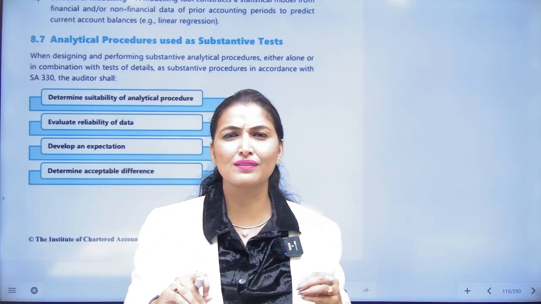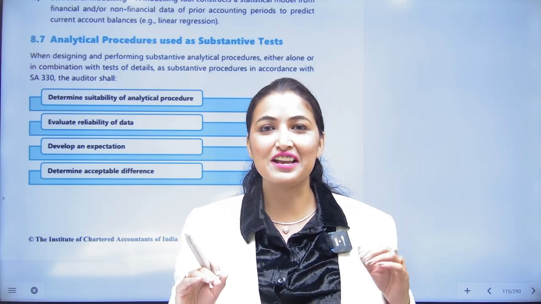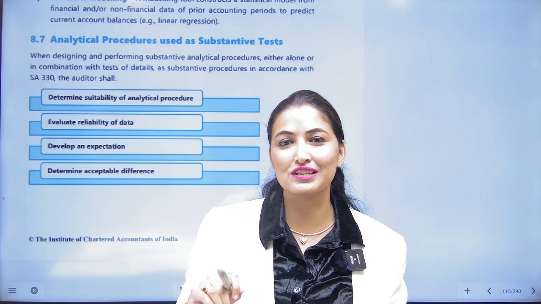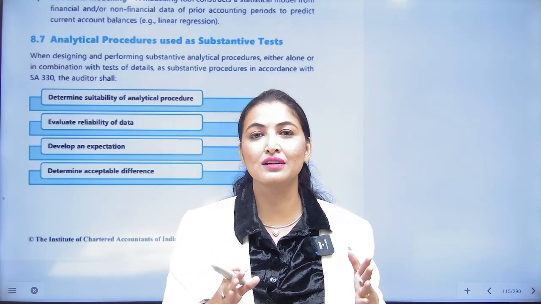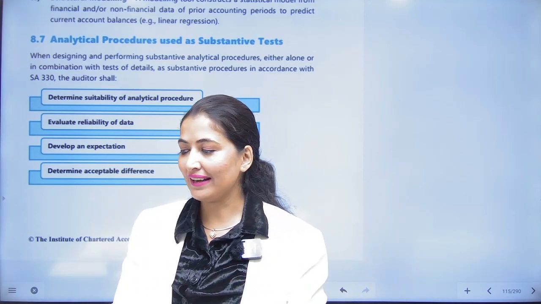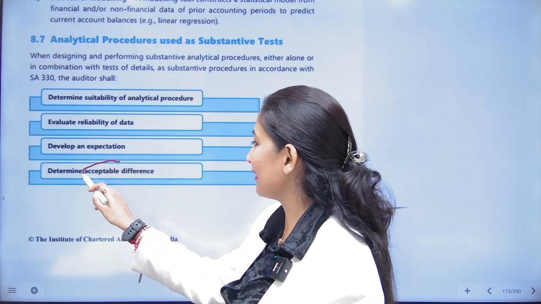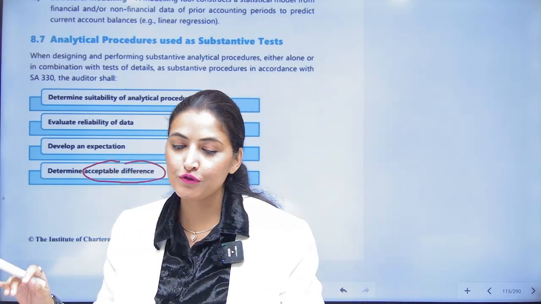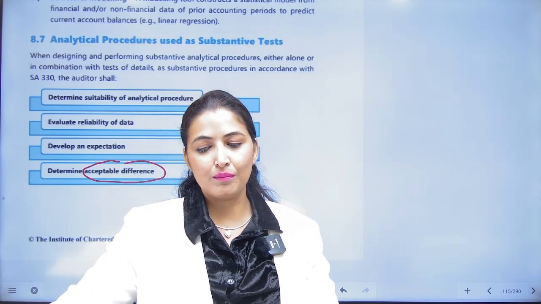Once you find out this analytical procedure is suitable for me, you have to see the reliability of analytical procedure that you're using, and then you have to see what is your expectation, what is the expectation in which the results are coming. Once you analyze it, you find the reasons for the difference, or you try to figure out, determine the acceptable difference. Now, for the people who understand Hindi, it's very easy to understand by a trick.